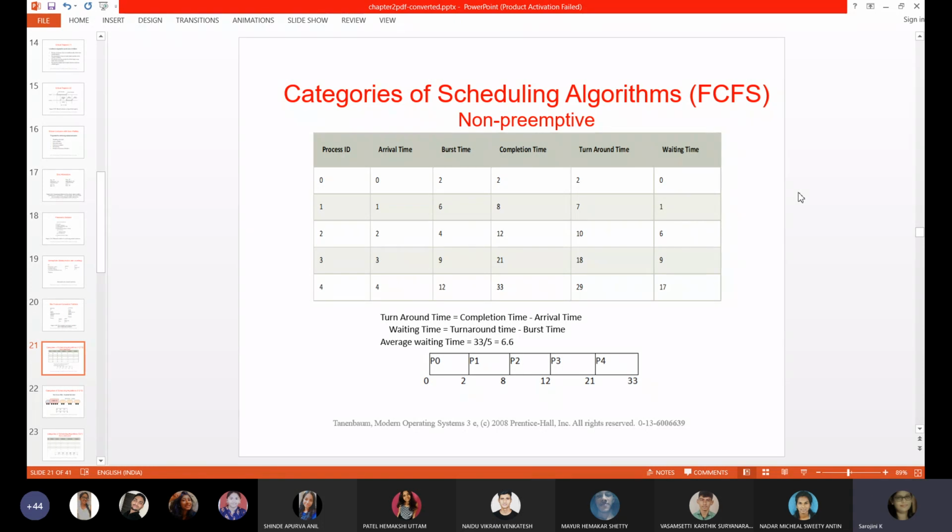It is a program, part of the system program. The operating system is a system program. It's not a user program, right? It's not an application program. It's a system program. So the scheduler is a part of the system program. Then what will it do? The scheduler will have the scheduling algorithm.